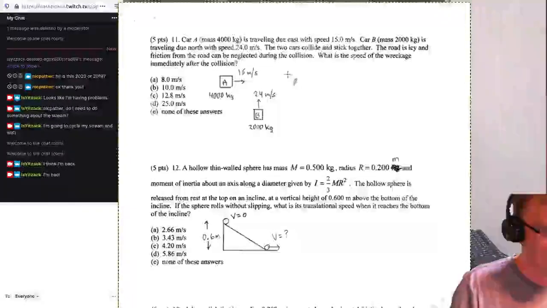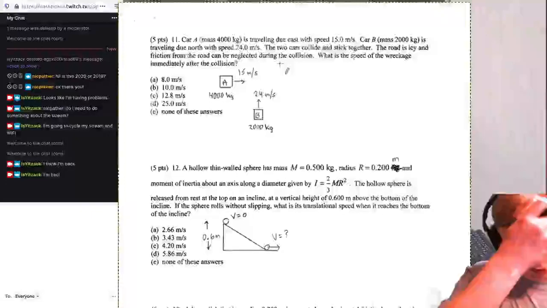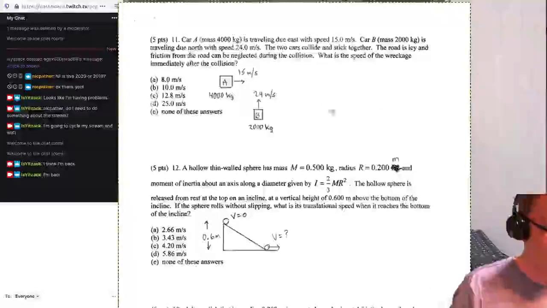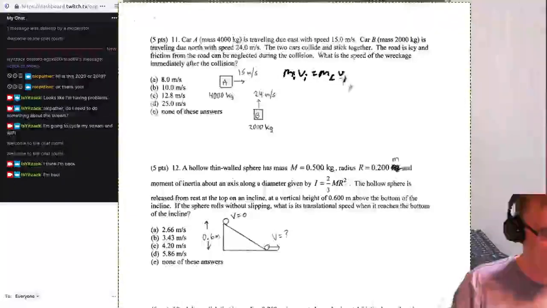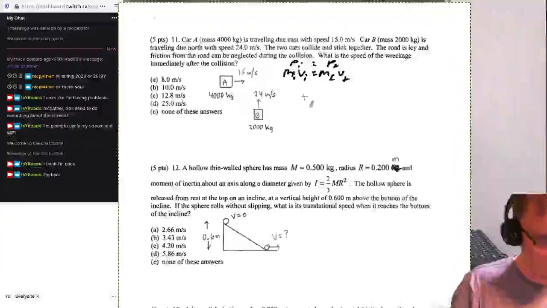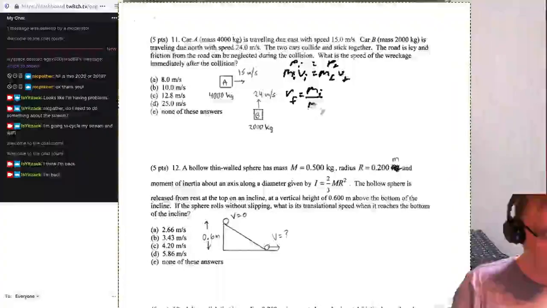So, we're basically doing inelastic collisions twice. So we have that M initial V initial is equal to M final V final. So momentum is conserved. And we're going to do it in both directions. So we need that V final is equal to M initial over the total mass times the V initial.